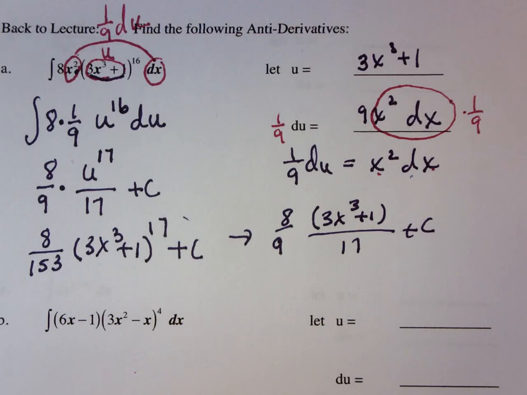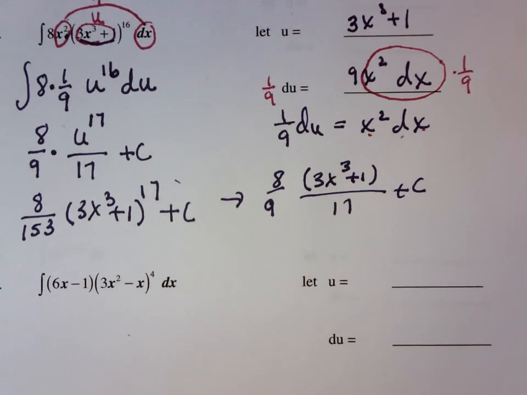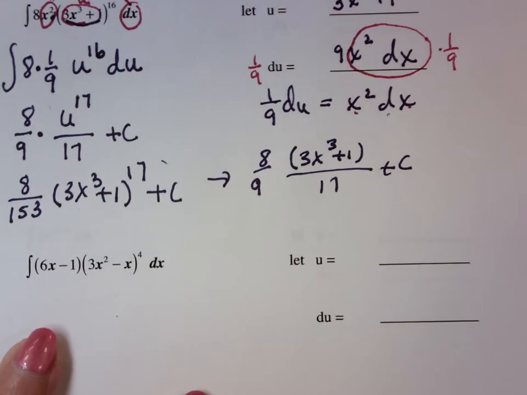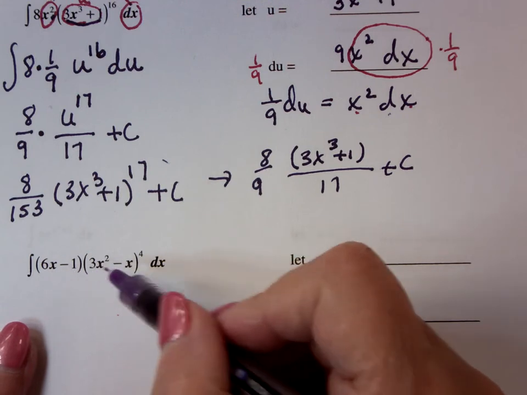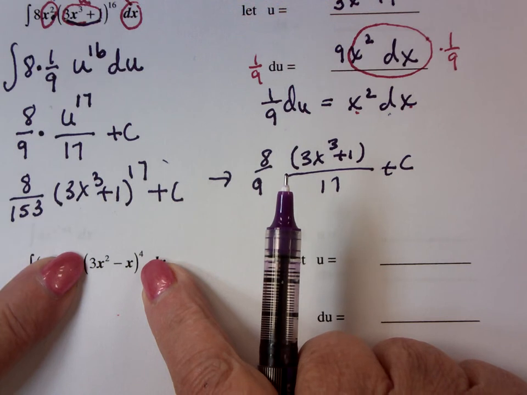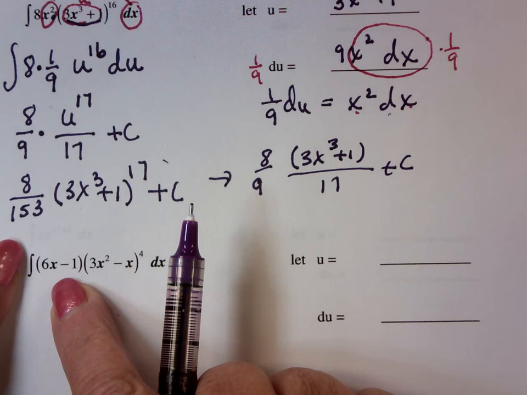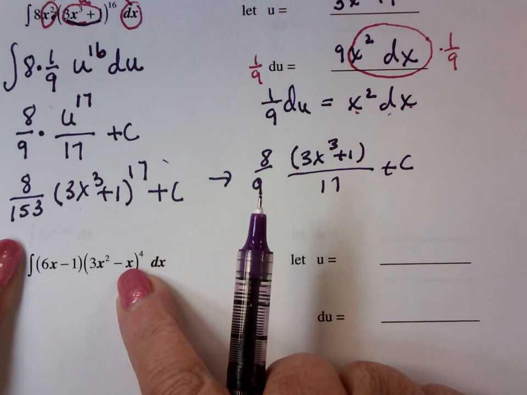Now, clearly these are all u-subs, and I know they're u-subs because there's a u equal. So I have a 6x minus 1 times, now I clearly have a blob to the 4th. So my question is, if I differentiate the blob, do I have the derivative? Yes, because this is 6x minus 1.